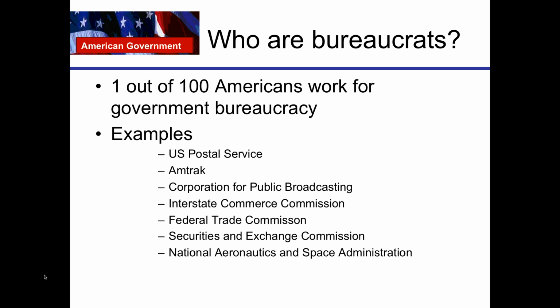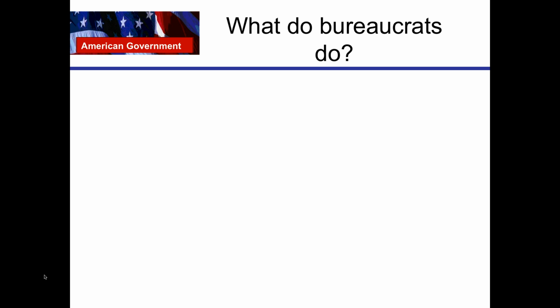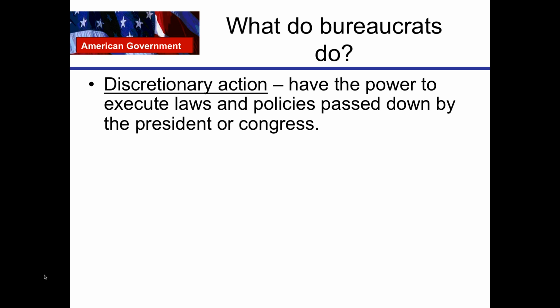All right, so what do bureaucrats do? They take discretionary action, so they have the power to execute laws and policies passed down by the president or Congress. So they execute what the policymakers create. So Congress passes a law.